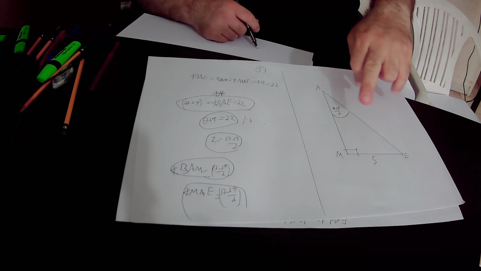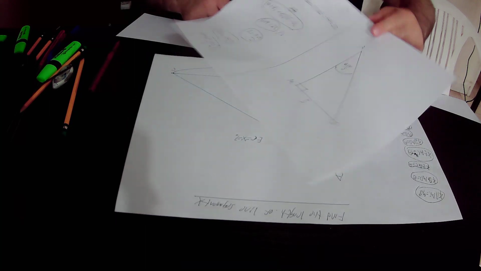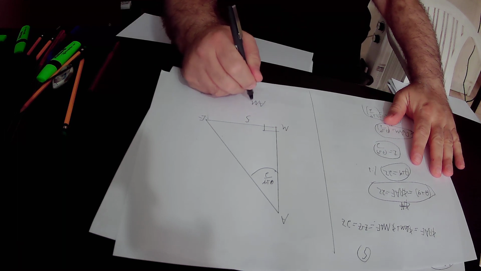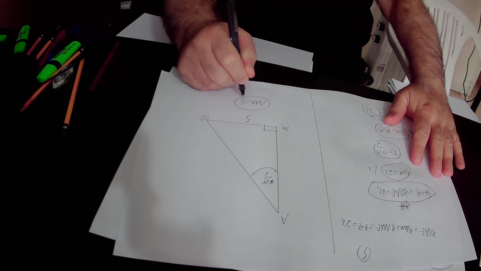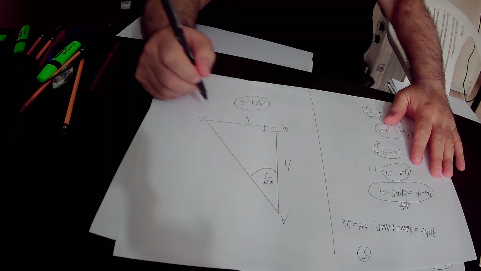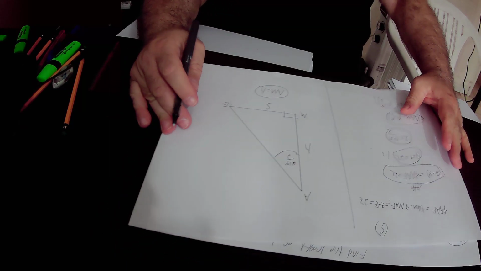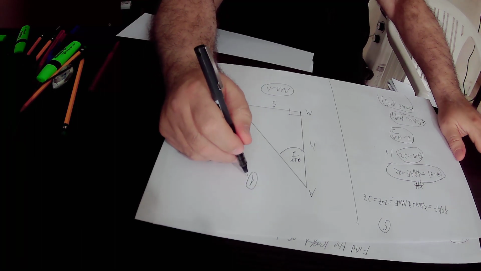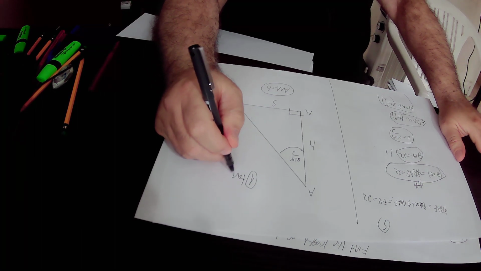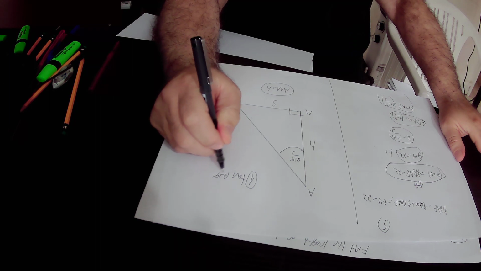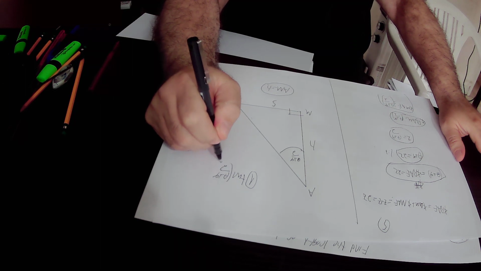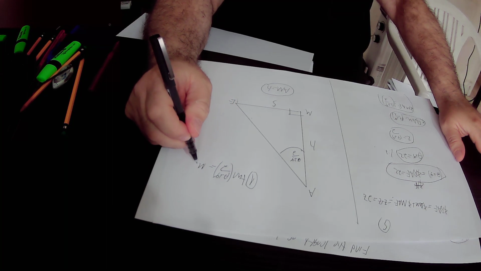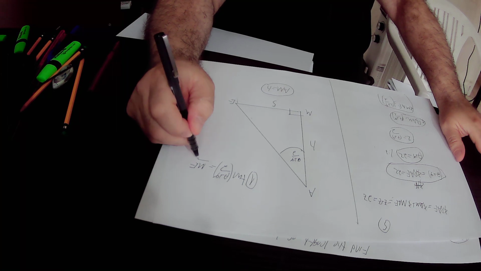We will define side AM as H. Again, AM equals H according to our definition. And we create equation number 1, which states that tangent of theta plus alpha over 2 equals ME over AM.